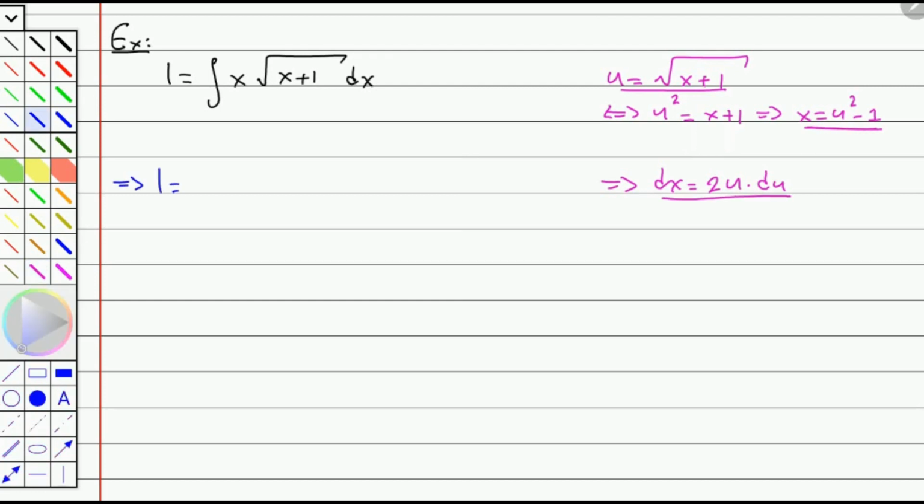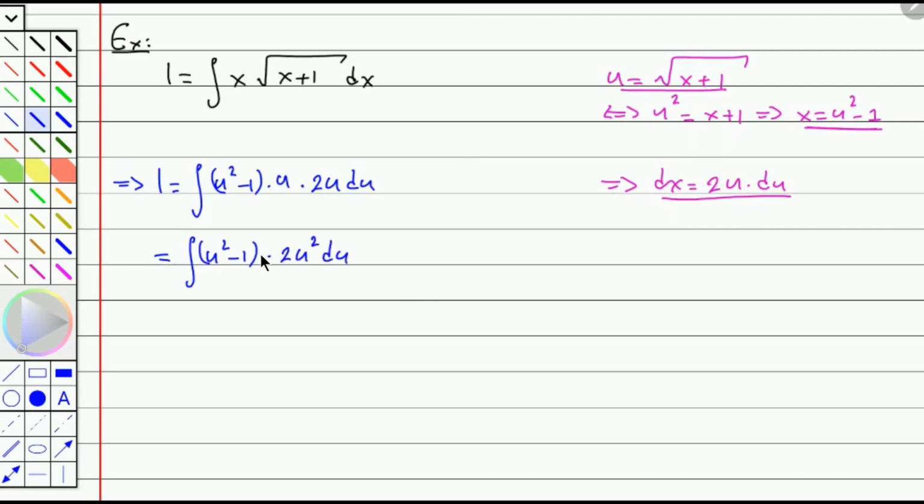I is equal to the integral of (u squared minus 1) in brackets times the substitution, which is u, times 2u du. So we have substituted everything. Let's tidy this up a bit. This is equal to the integral of (u squared minus 1) times 2u squared du.